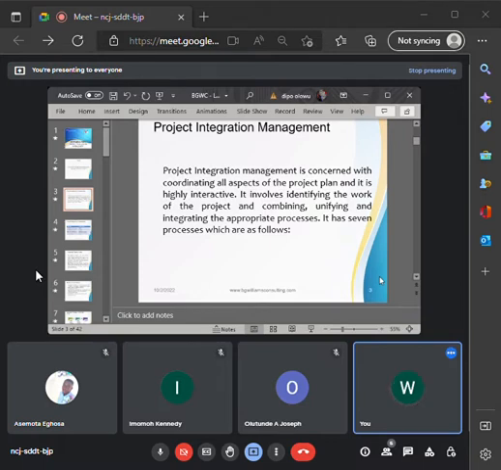So we can quickly say that to integrate a project is defined as the process of putting all the pieces of a project into a cohesive whole. That is integration.